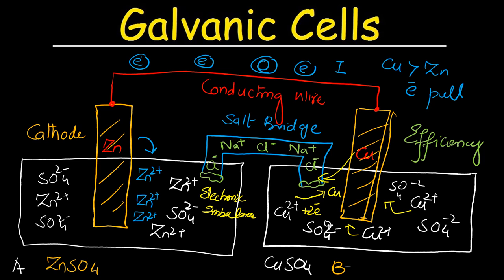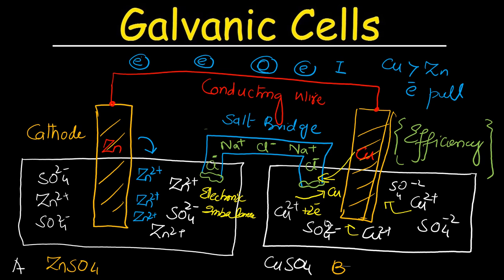So the positive and negative ions will be transferred into the solution, and due to this, a balance of the charges at the A and B sides of the galvanic cell will take place, and the efficiency of the galvanic cell will be increased. So the role of the salt bridge in a galvanic cell is just to maintain a charge balance.